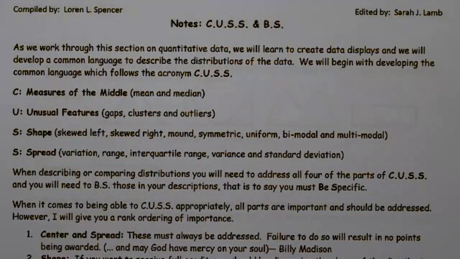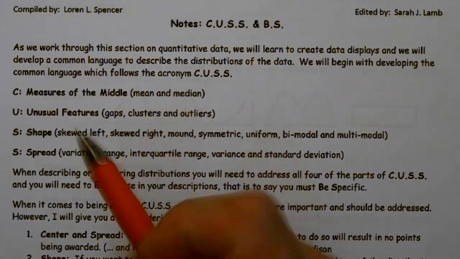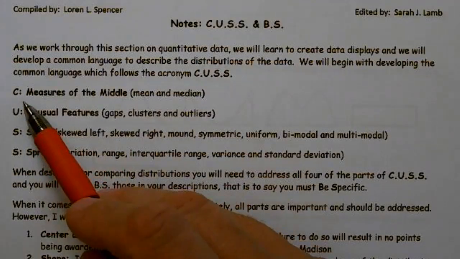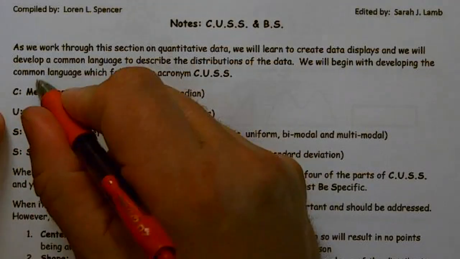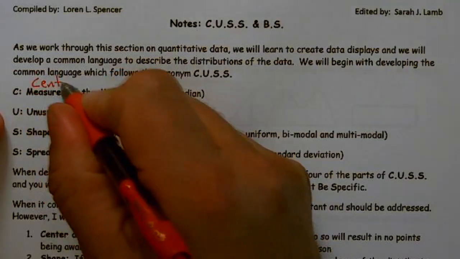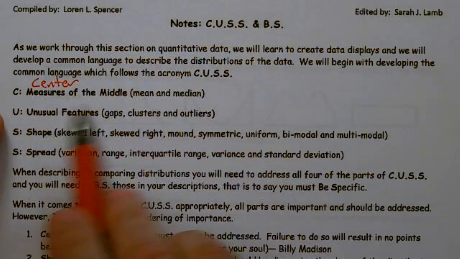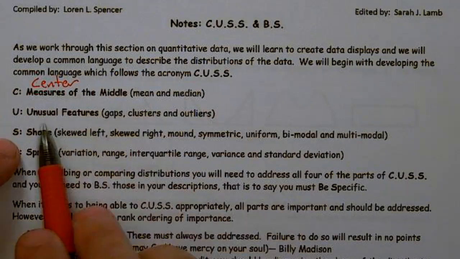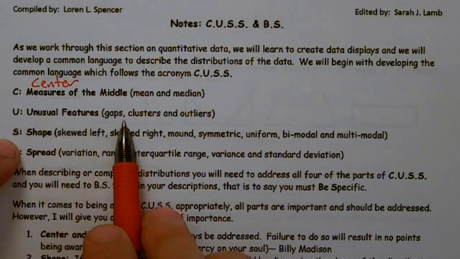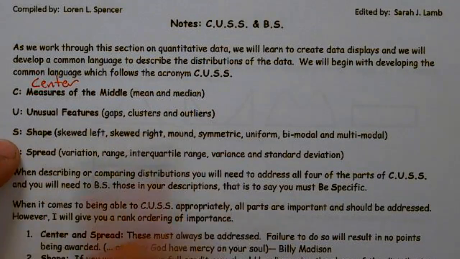So, CUSSing, obviously it's an acronym, and although it starts off saying measures, the CUSS stands for center. The C stands for center, which happens to be the measures of the middle, which are the mean and the median typically. U is unusual features, which are gaps, clusters, and outliers.